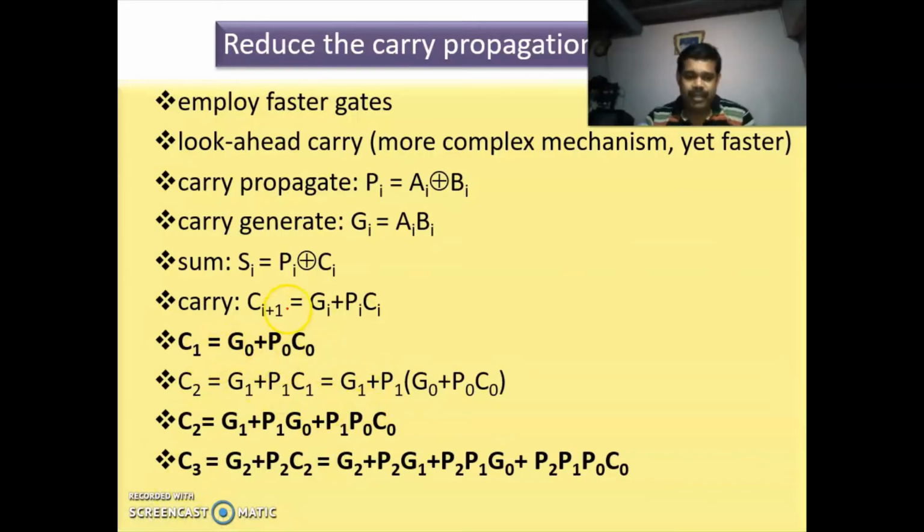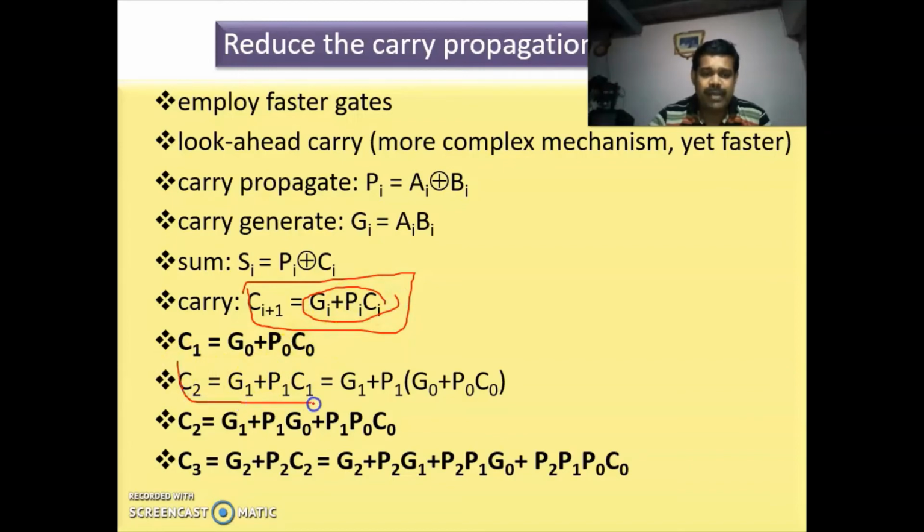So C(i+1): you take this equation. First you substitute i equal to 0, and you will get C1 equal to G0 plus P0C0. If you put i equal to 1, you will get C2 equal to G1 plus P1C1.